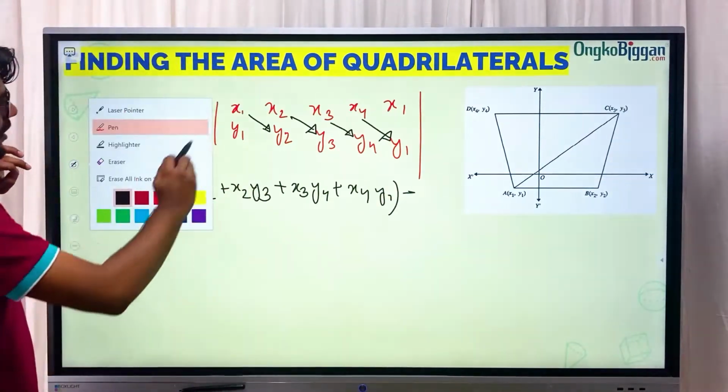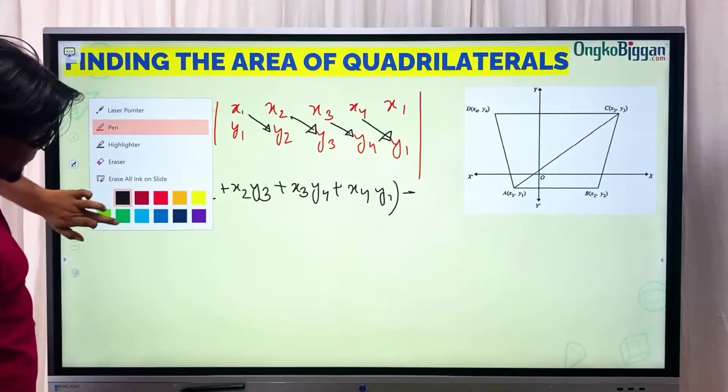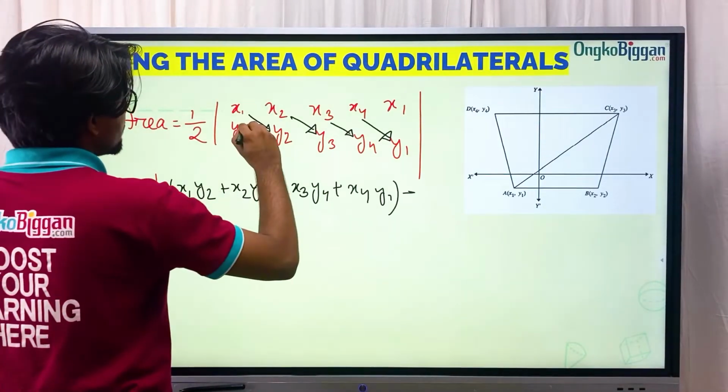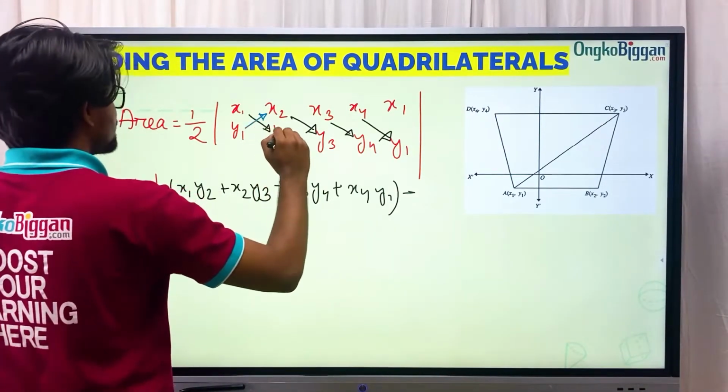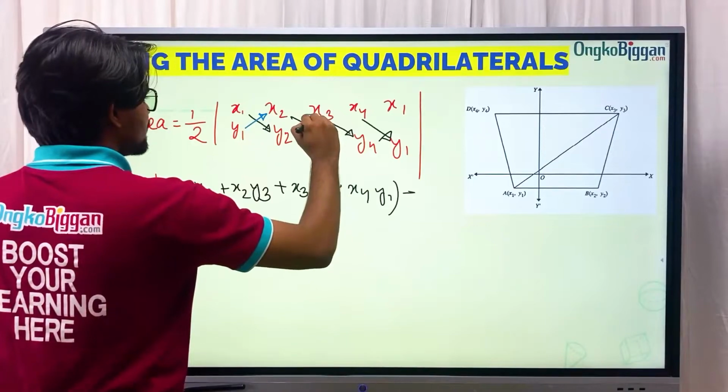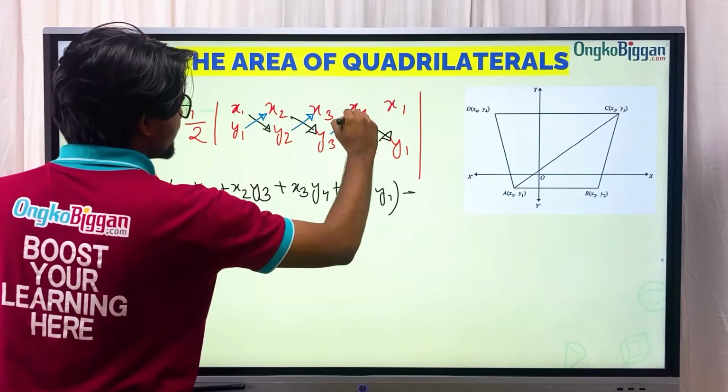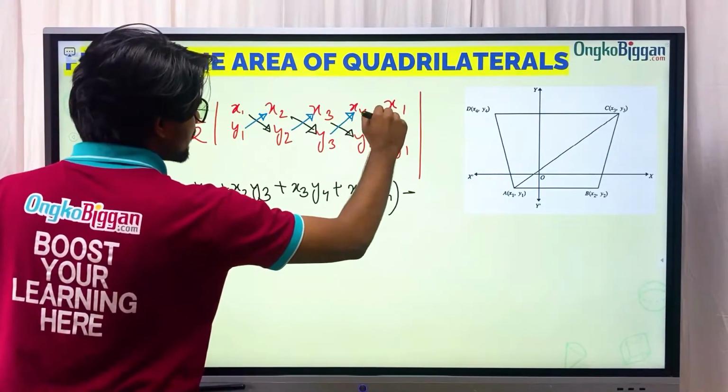Then we are going to move on to doing this side. So we take blue, so this y1 into x2, x3 into y2, y3 into x4, and y4 into x1.